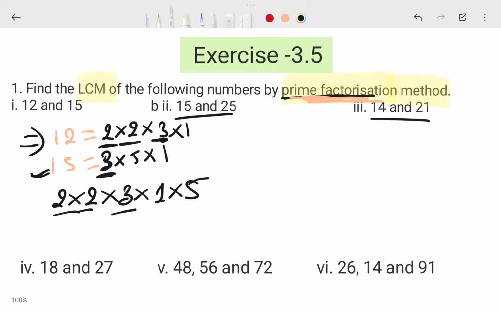Both have 3. When you get two numbers the same in the first order, it is okay, no problem. But if it is in the second order also the same, then you have to write it one time. Like here, 3 is in the first order, and in the second order also 3 is there, so both are the same. So you have to write only one time. That's why I wrote it that way.